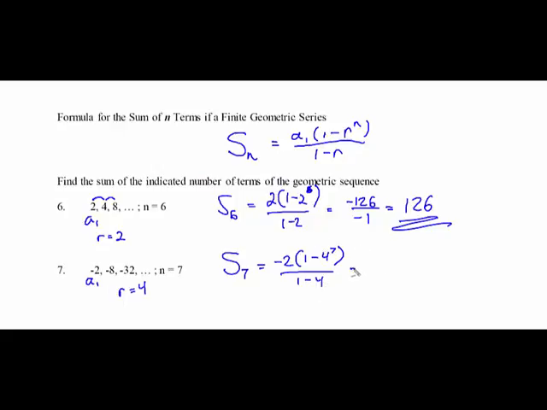I do my numerator first and get 32,766. Then I divide by negative 3, which gives me an answer of negative 10,922. This would be the first 7 terms in the sequence, starting with negative 2 and multiplying by 4 each time.